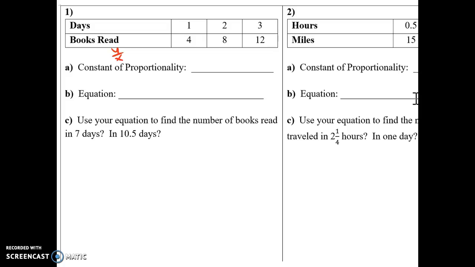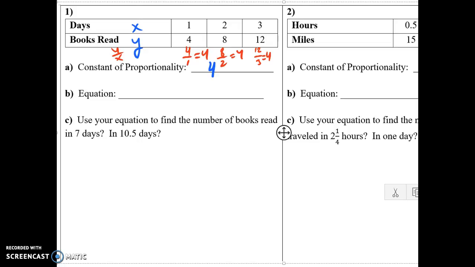Our y over x for the first column is 4 over 1, which is 4. 8 over 2 is 4. 12 over 3 is 4. So our constant of proportionality is 4. One thing I didn't point out is that the top row is our x, the bottom row is our y.